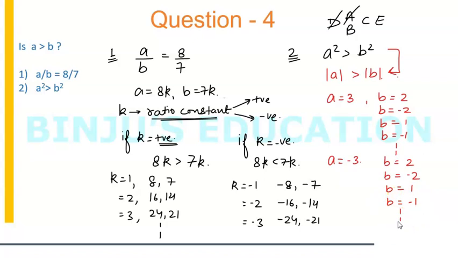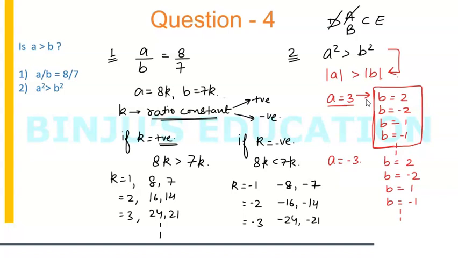Now in the first case, when I took A to be 3, all these values of B will automatically be less than the value of A. You can take any value, for example, you can think of 2.9 or minus 2.9, right? But you will never go to 3 or minus 3. That's not possible because mod of a is greater than mod of b.